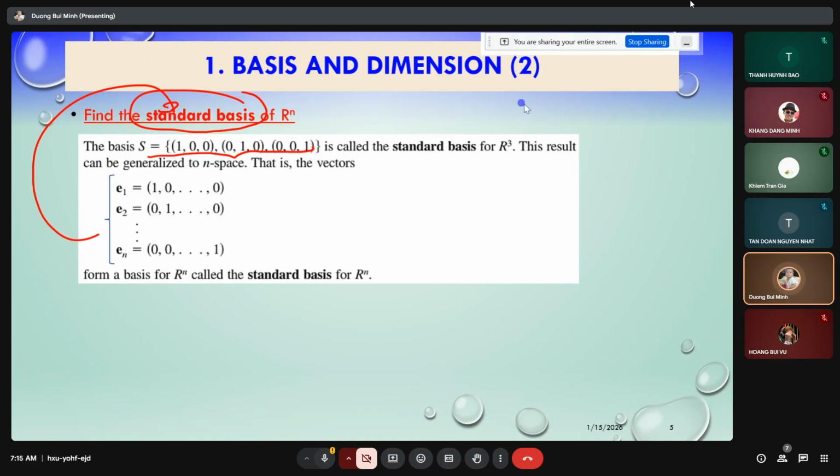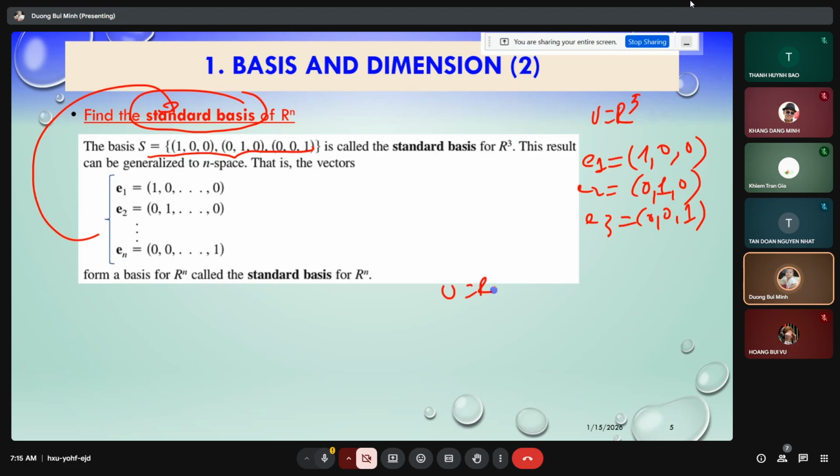Okay, and then we have V is R3, so we have 3 standard unit vectors, right? E1 we have 1 0 0, E2 0 1 0, and E3 we have 0 0 1. So if V is R4, the vector space is R4, we have 4 standard unit vectors, right?